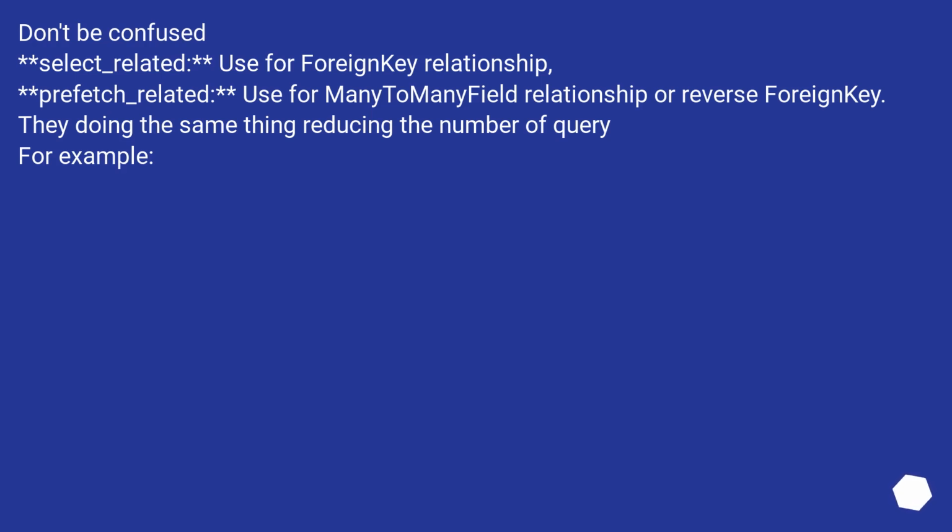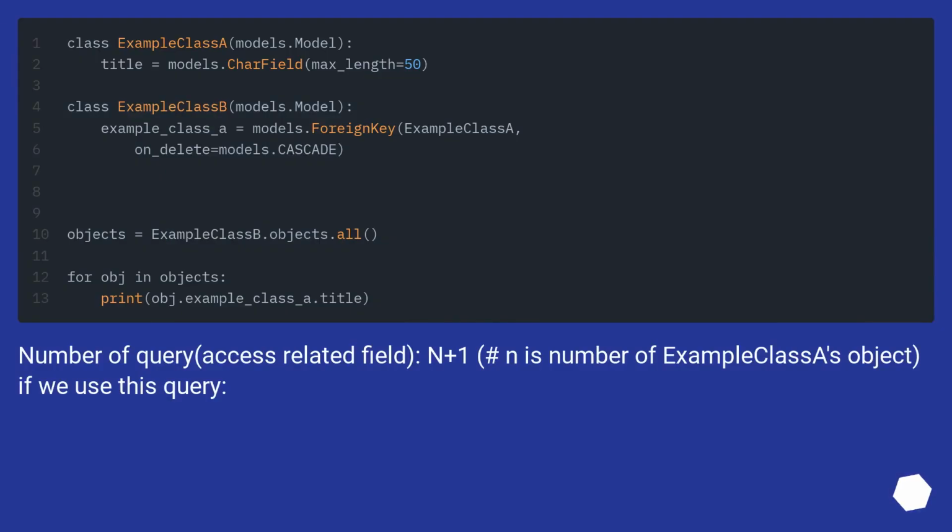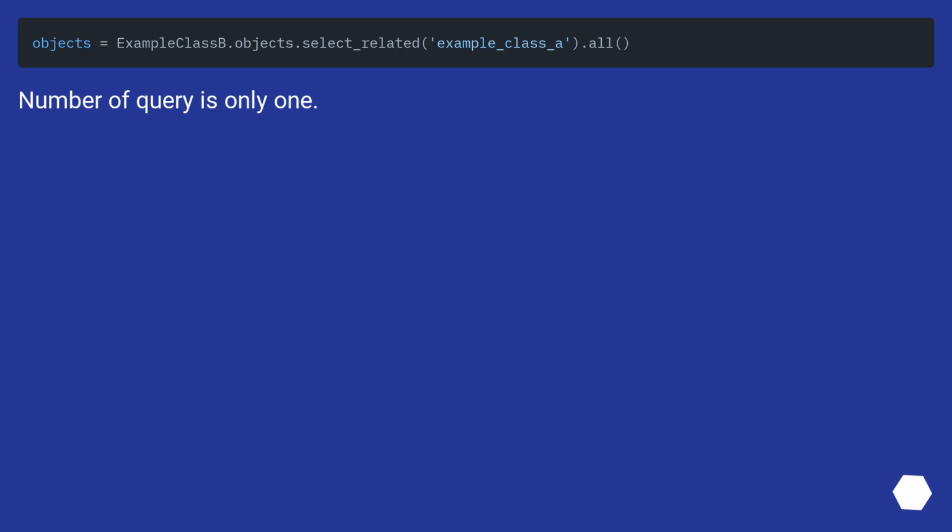For example, the number of queries to access a related field is n+1, where n is the number of example class objects, if we use this query. With the other approach, the number of queries is only 1.